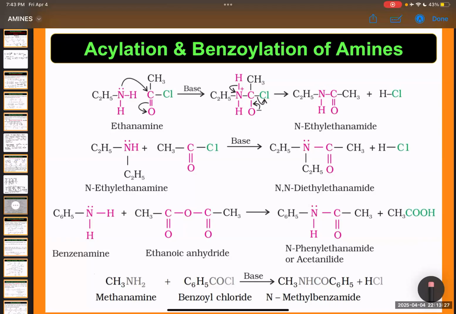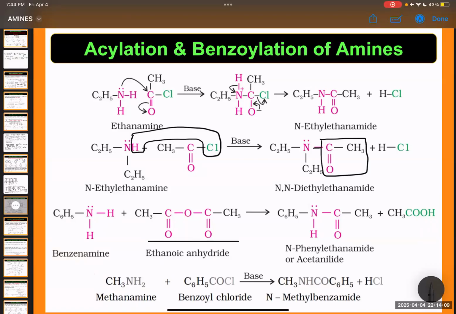Okay, this is acylation. So primary amine can undergo acylation. Secondary amine can also participate in acylation. HCl can be removed by base, and in place of hydrogen, you have this COCH3. Acylating agents are CH3COCl, acetyl chloride, or acetic anhydride, whose IUPAC name is ethanoic anhydride.